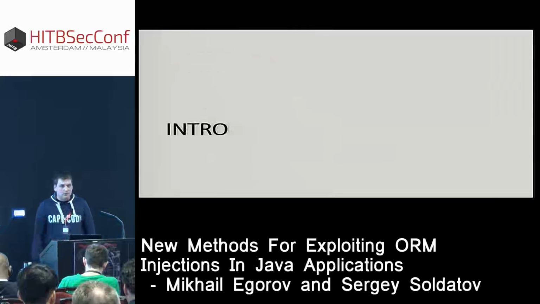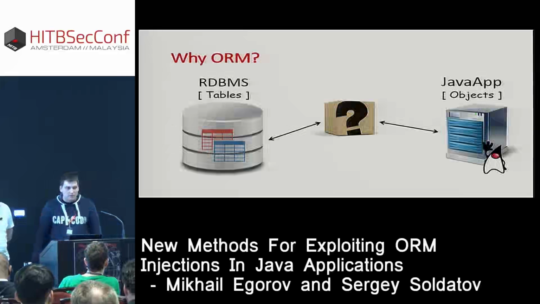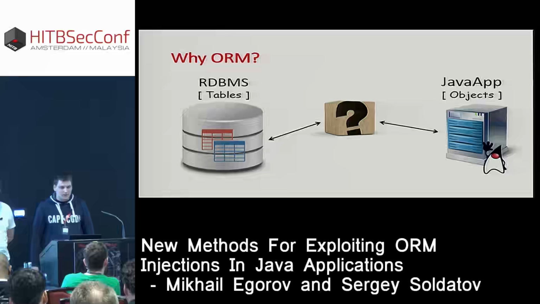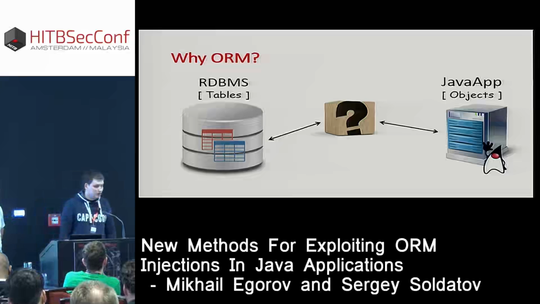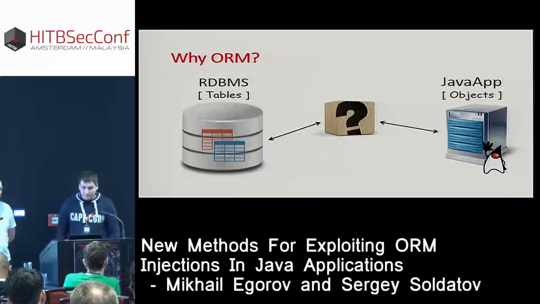Let's talk about ORM in general. ORM stands for Object Relational Mapping. It's a programming technique for converting data between relational databases and object-oriented programming languages.